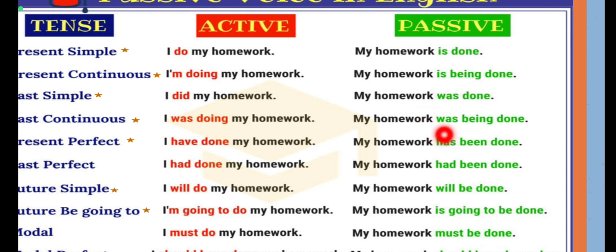If it is past continuous, was being plus participle. Now, if we have present simple, is plus participle, is done, or was done. Now, if we have the perfect tenses, we use has or had, been. Remember that this is the past participle of the verb be. So being plus the past participle of the verb we are using. In this case, done. Has been done, had been done.